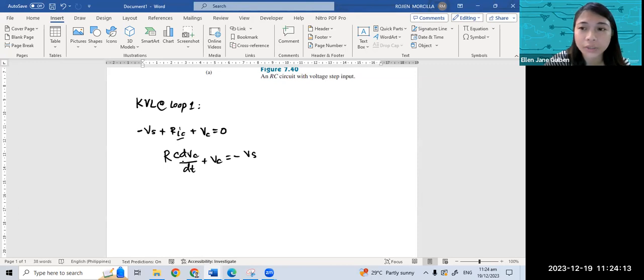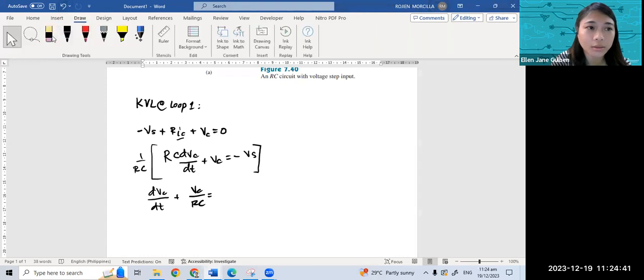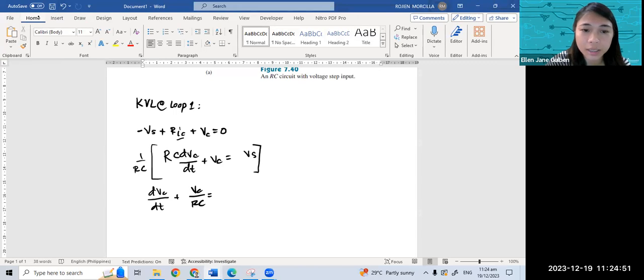Right there we have the first order differential equation. We will be dividing it by RC, 1 over RC, so dVc/dt plus Vc over RC is equal to, okay, let's flip the sign, so the negative becomes positive Vs over RC.